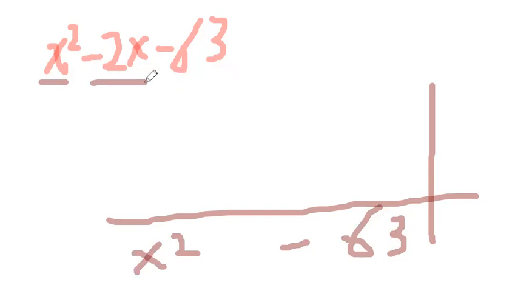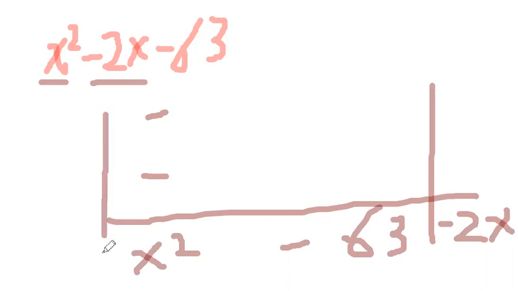And the middle term should be placed at the last position, minus 2x. Again, here and here will be the numbers the product of which will be x squared, and we know x times x is x squared obviously.